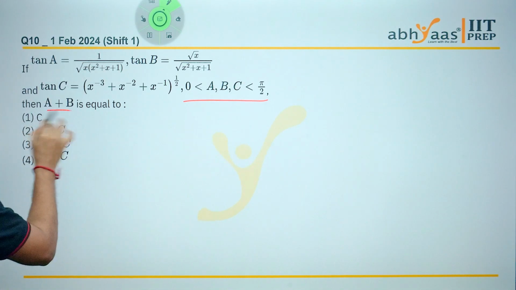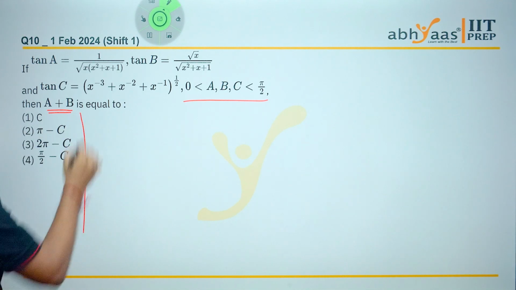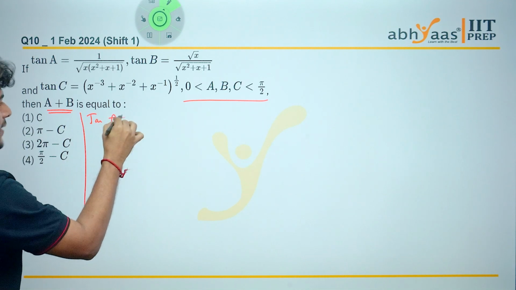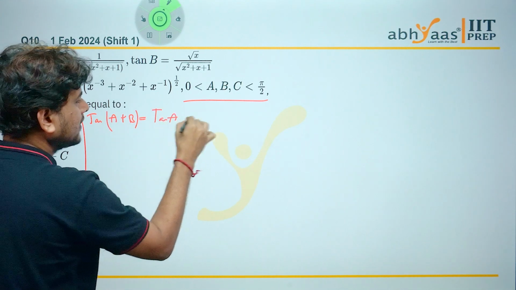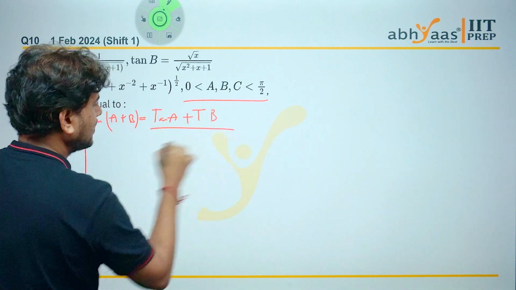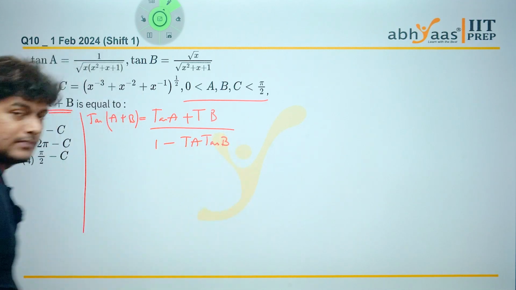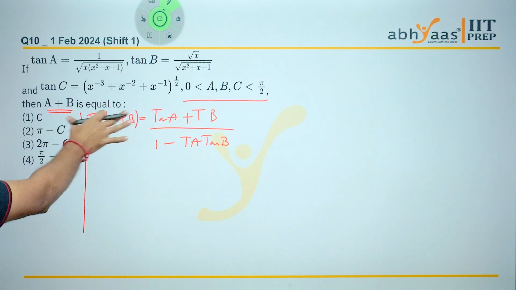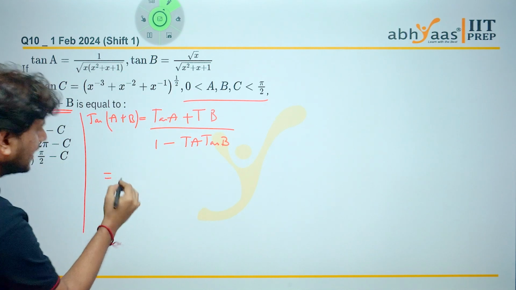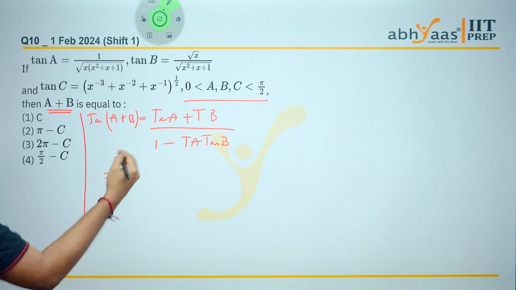So we have to find A plus B. Let's take tan of A plus B. This is tan A plus tan B by 1 minus tan A tan B, right? So given the tan A, tan B and tan C values, we'll go with tan of A plus B. Let's see what we will arrive at.